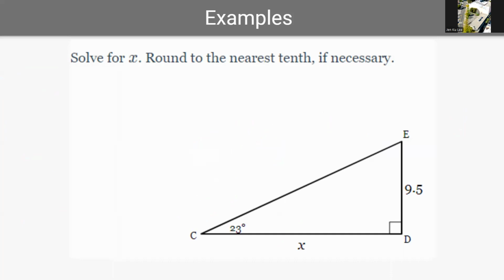So again, in this case, we are going to look at it from the viewpoint of angle C. Okay, so there's my angle, angle C, right? I know opposite the 90-degree angle is my hypotenuse, so that's my H. I know opposite of 23 degrees is my O, my opposite side.